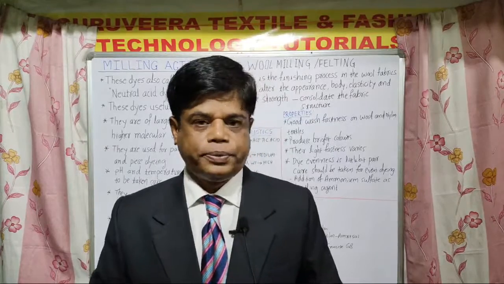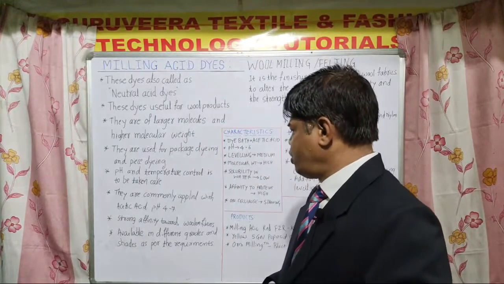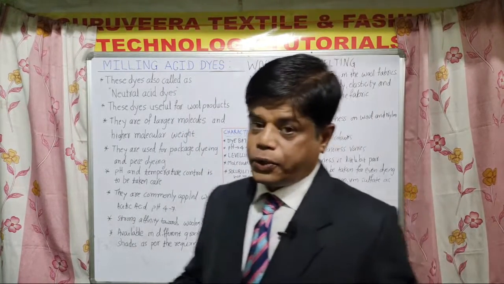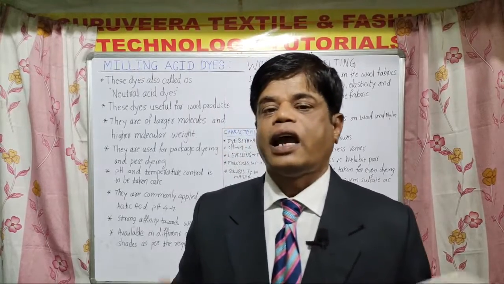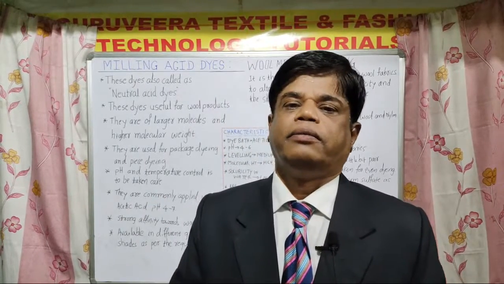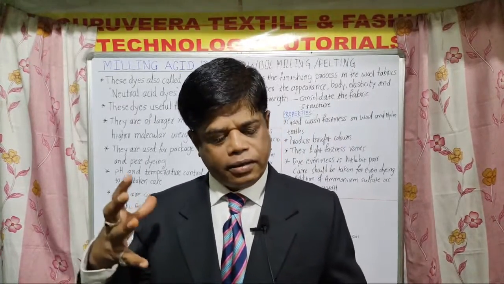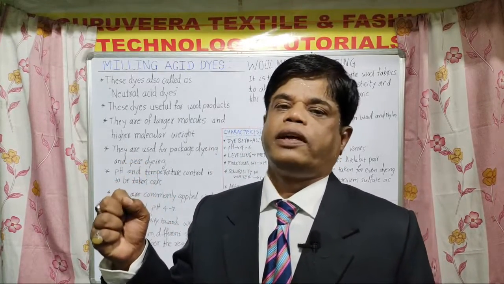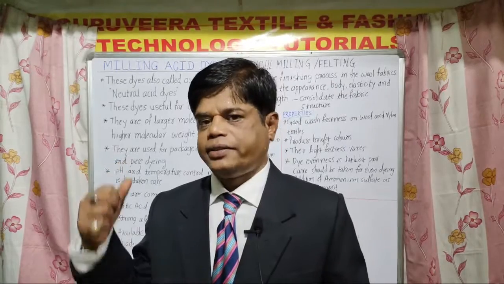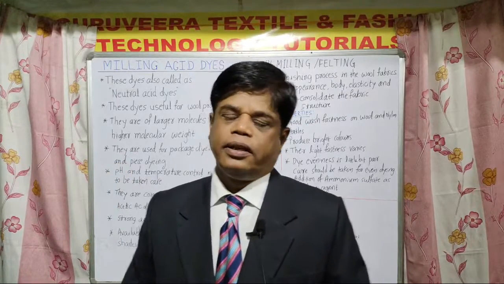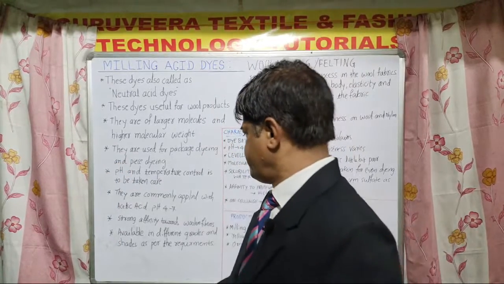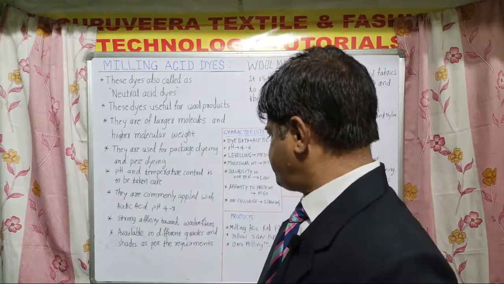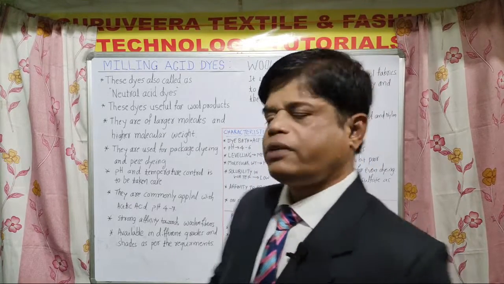That can be used. Okay, strong affinity towards woolen fibers, that I already told. Milling acid dyes have strong affinity. The dye is absorbed by the fiber very fast, quickly. Available in different grades and shades as per the requirements.